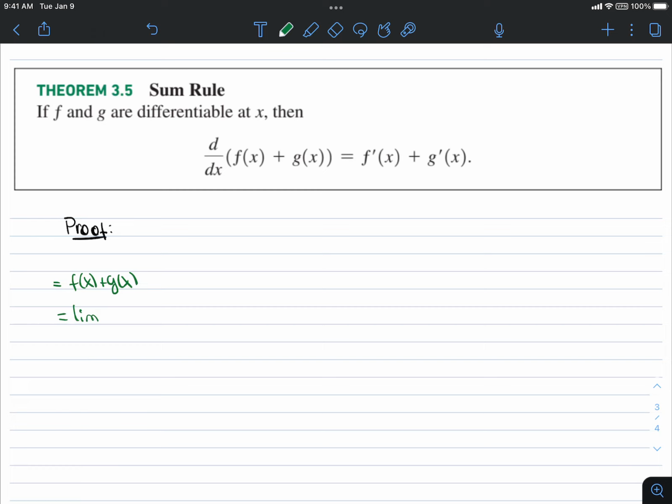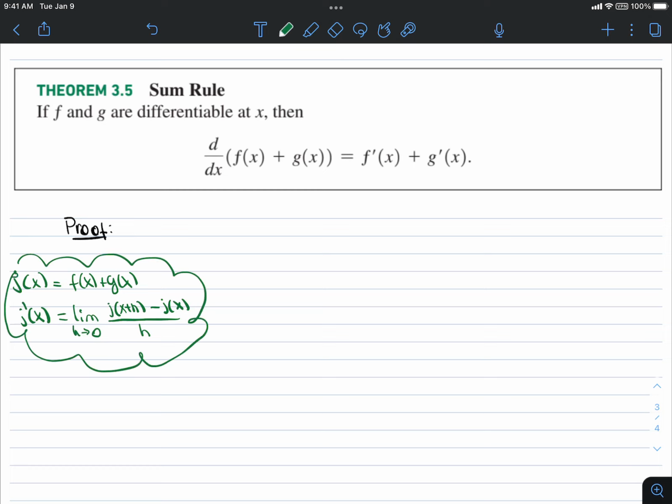Maybe I'll do j of x. j of x is f of x plus g of x. So then the j prime of x is the limit when h goes to 0 of j of x plus h minus j of x over h. And then I have to remember what j is, and then plug in x plus h into j.